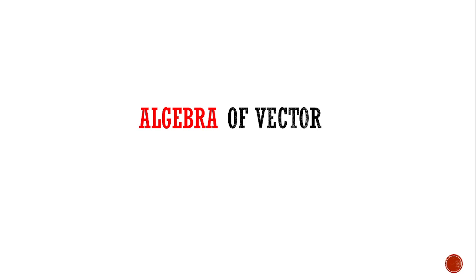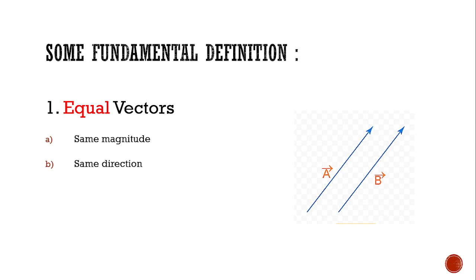So before we come to vector algebra, we have to know some fundamental concepts. For example, the first fundamental concept is equal vector. What is equal vector? As you can see, there are two vectors A and B. If they have the same magnitude, that means A is equal to B, and also the same direction, regardless of their initial position, they will be equal vectors.